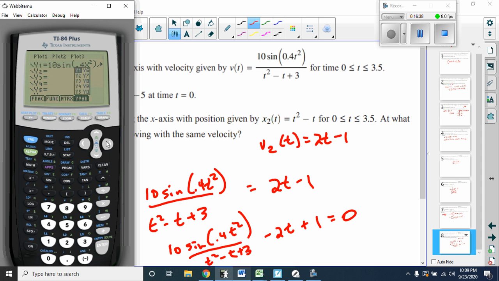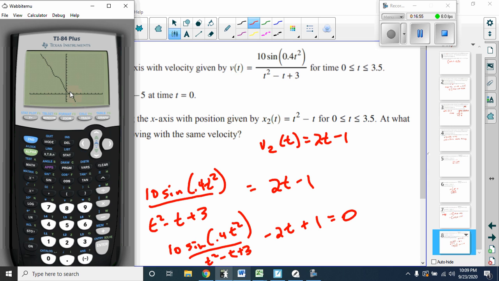So I want to take y1, subtract 2x plus 1. And now we are looking for the zeros of this graph. I want to know when is that 0.